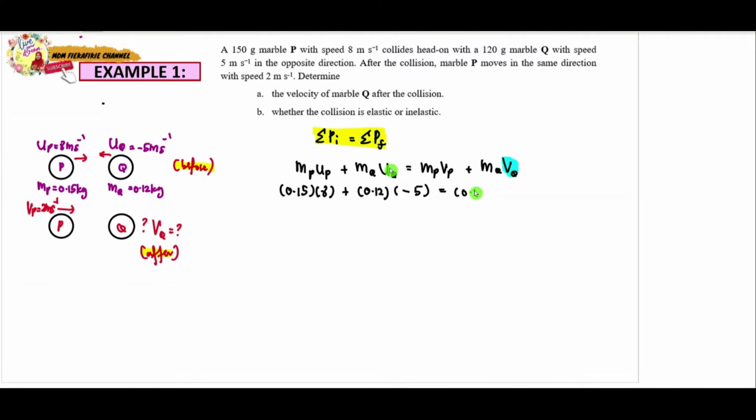This one 0.15, VP is 2 meter per second to the right, so positive, plus MQ is 0.12 VQ. Now we can calculate the value for VQ. So now VQ is equal to 2.5 meter per second.